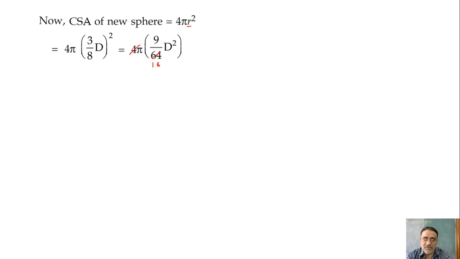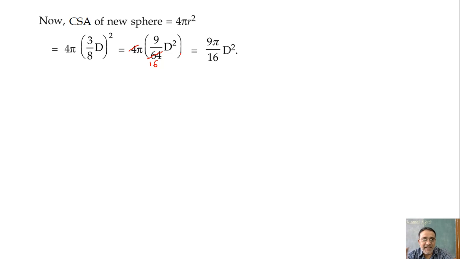So what we are going to get, this is 16. ओके, सो वी आर गेटिंग 9 पाई डी स्क्वायर अपॉन 16.